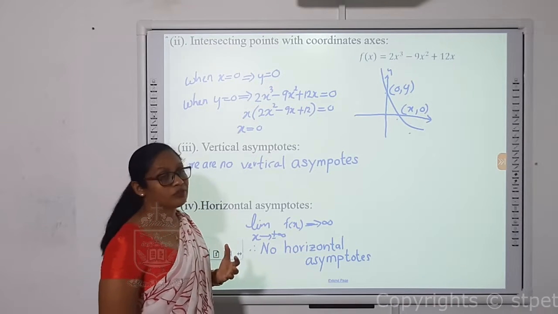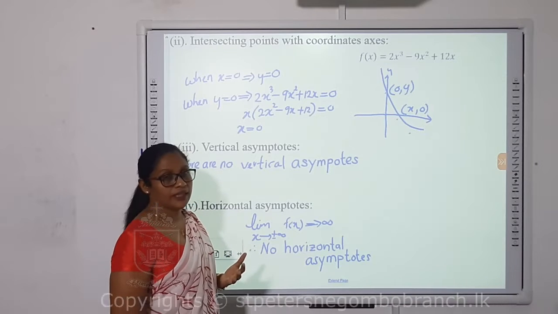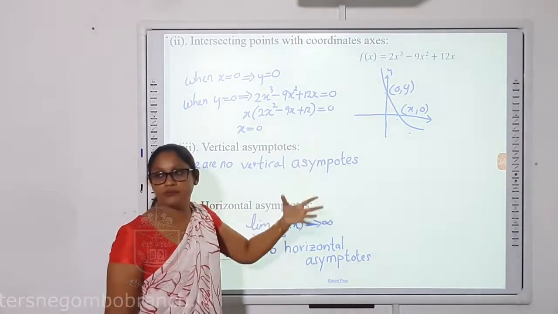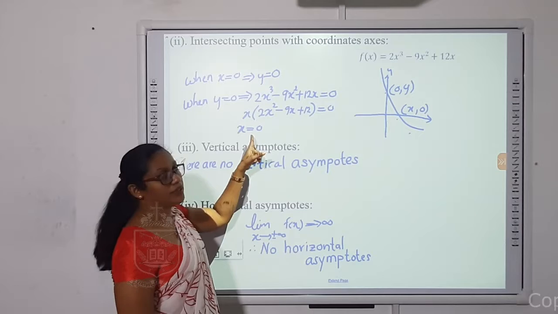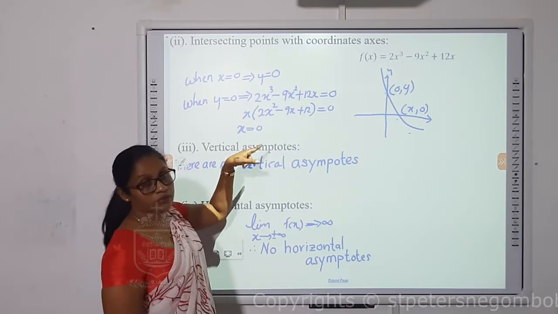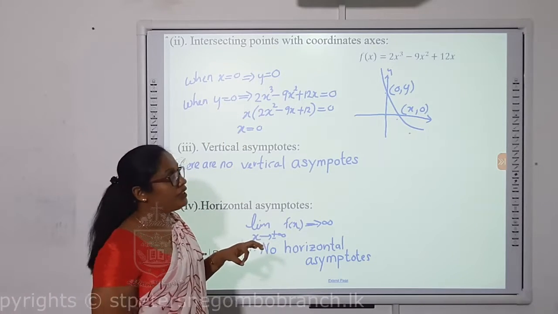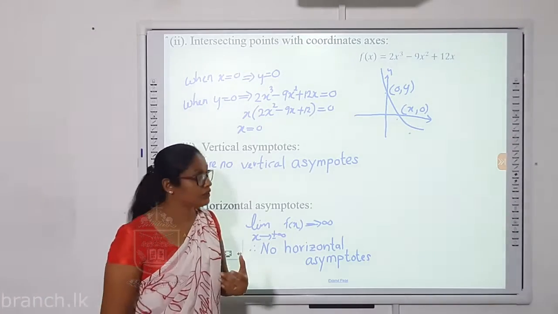Actually, if you check b squared minus 4ac, you get a negative answer. That means we can't factorize this, so we can't find more points, right? Only one point we can pick, that is x equals 0. From these two we can conclude there is only one intersecting point, that is (0, 0). That means the graph passes through the origin.